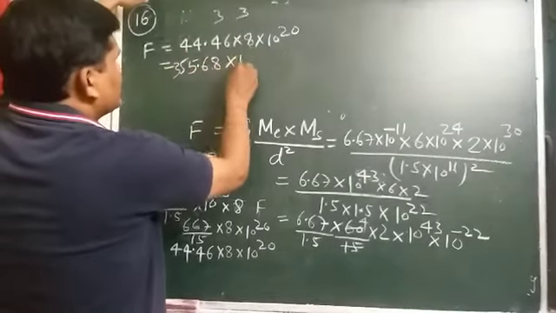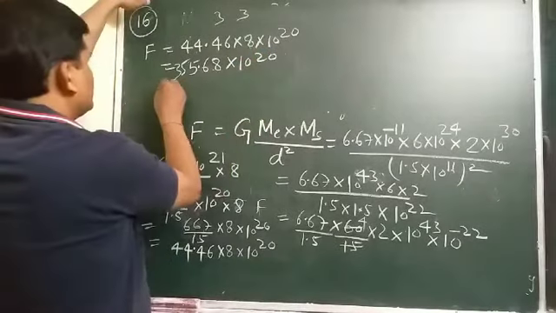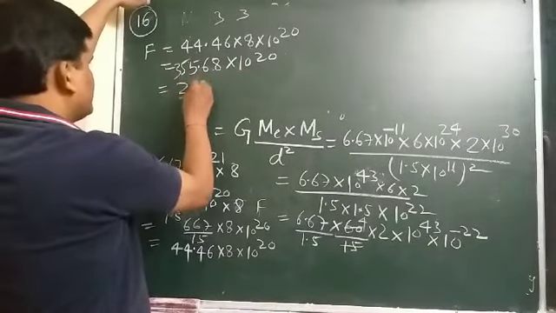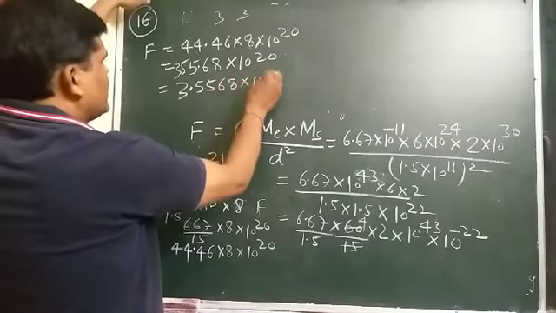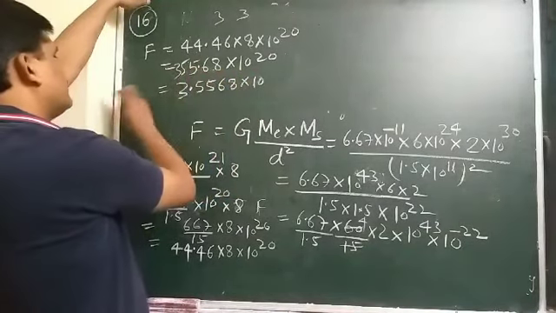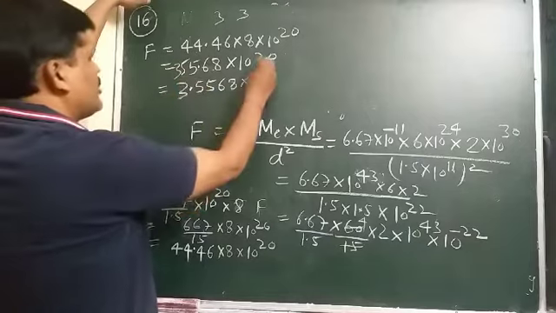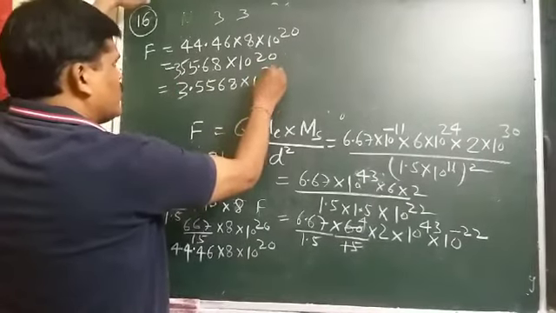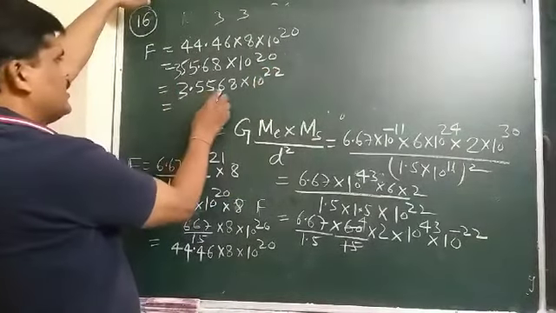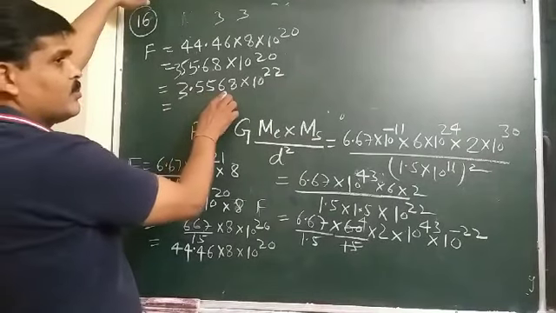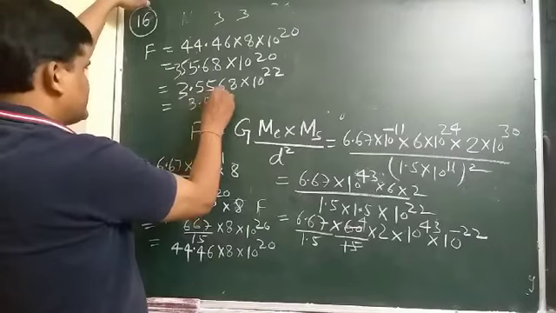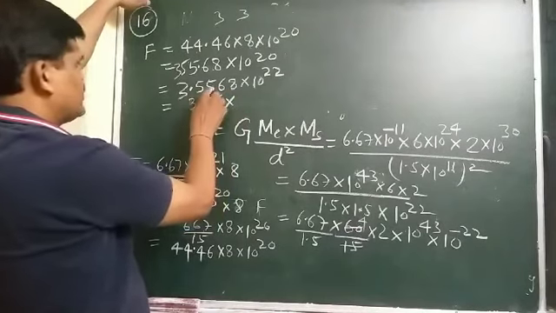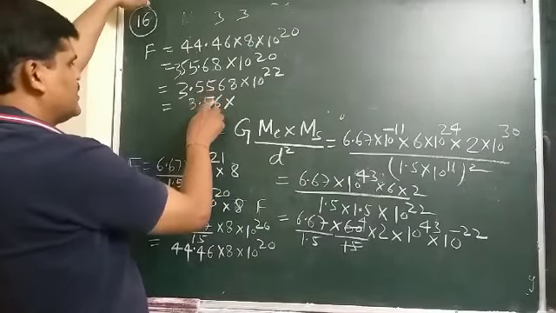So it can be written as 10 to the power 20, and students, it comes out to be 3.5568 10 to the power, that is what? 2 decimal places moved left, so power plus 22, and students, this is more than 5, so it can be written as 3.56 into 10 to the power 22, this 5 is written as 6.